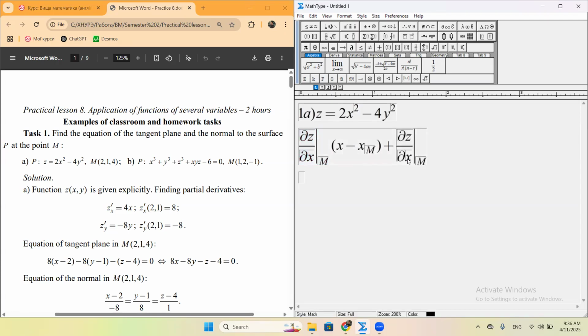So we have two cases. The first case is when the function is given explicitly.